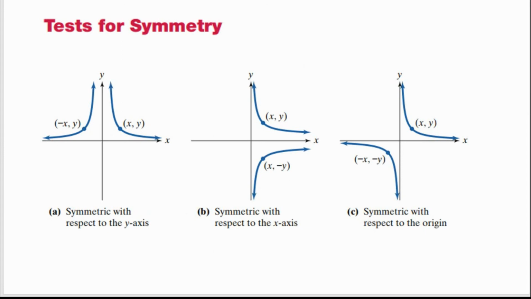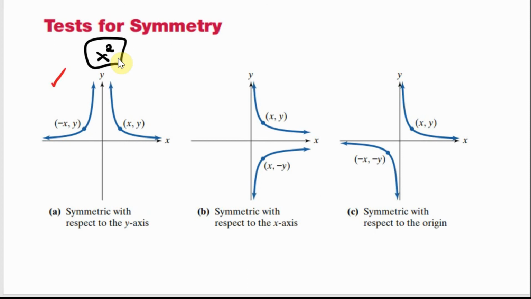So in terms of the test for symmetry, it's just a mirror image. If you fold this first guy with respect to the y-axis, then obviously it's symmetric with respect to the y-axis. Now, when that happens, you're going to notice you're going to have some form of x squared as the main term of the equation.